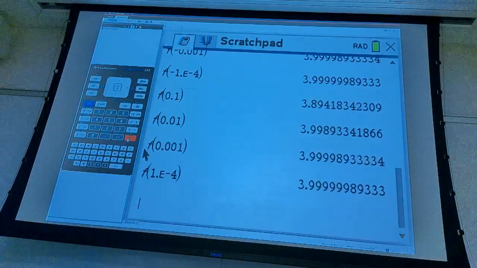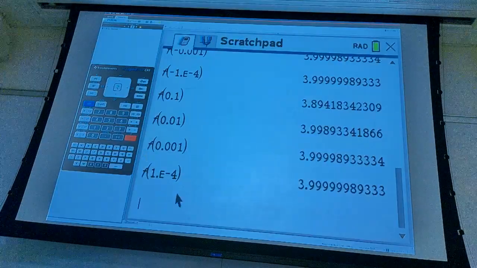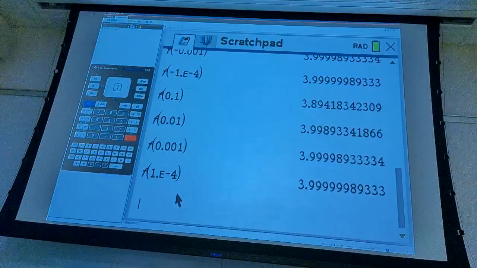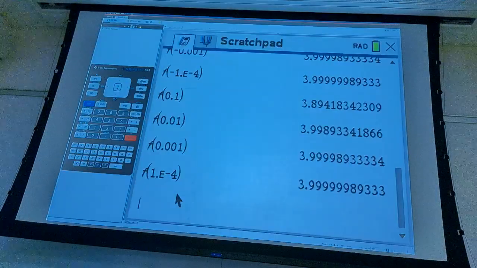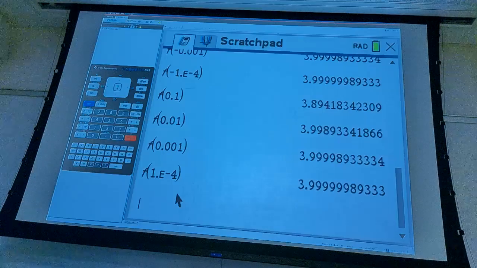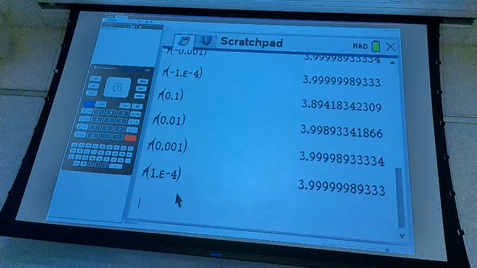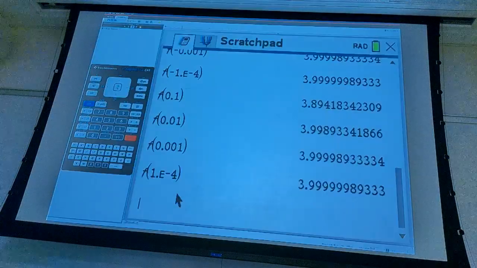Does that seem pretty conclusive? What does it appear to be? 4. 4. I'll just go with 3, I guess, or 4, 3.89.